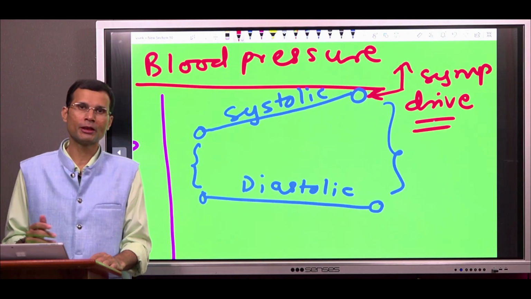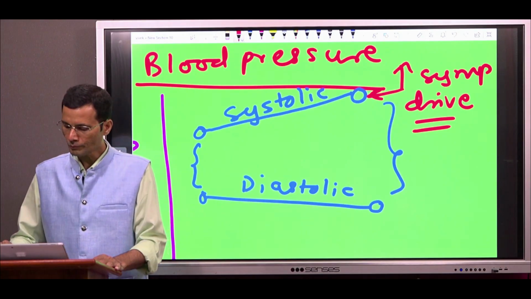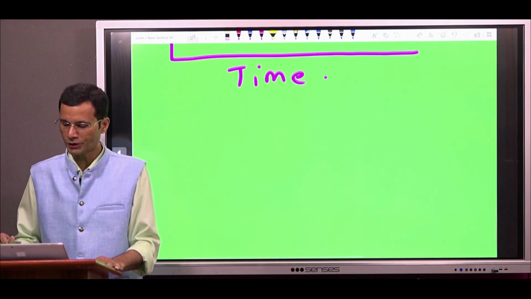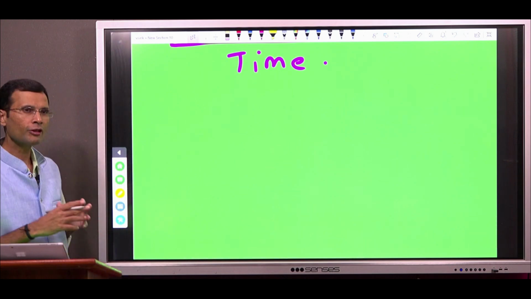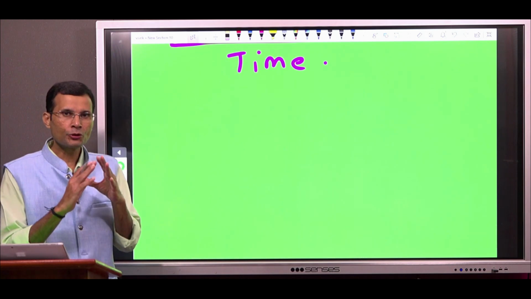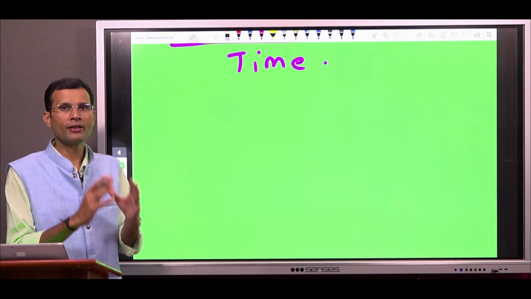What about the diastolic blood pressure? Diastolic blood pressure decreases. Now, let's try to understand this. Why does diastolic blood pressure decrease? First of all, let's recall that diastolic blood pressure is indicative of the peripheral resistance.